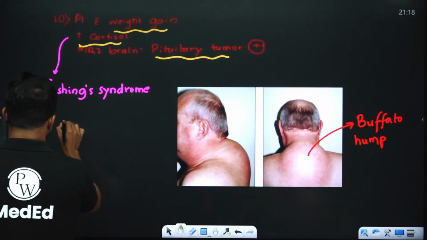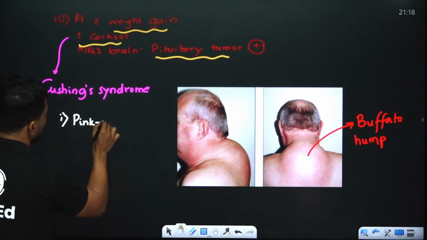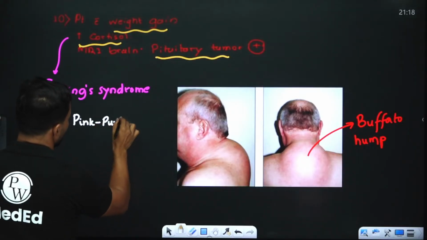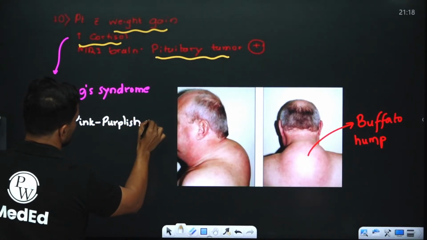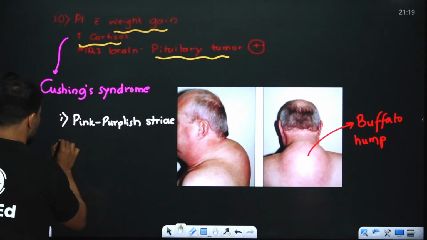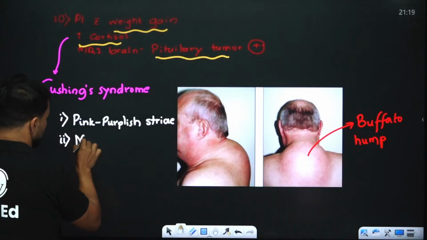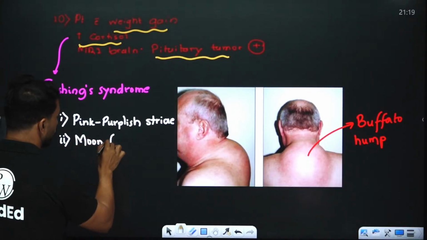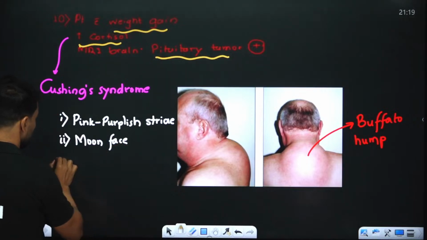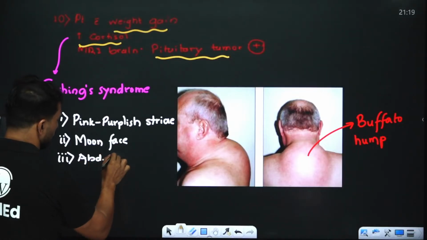Okay, so one of them is that you already know that you can have pink purplish striae. Second thing that you can see in patients with Cushing syndrome is moon face, right? A rounded face or moon face. Third thing you can see in Cushing syndrome patients is weight gain, and thus you can have abdominal obesity.